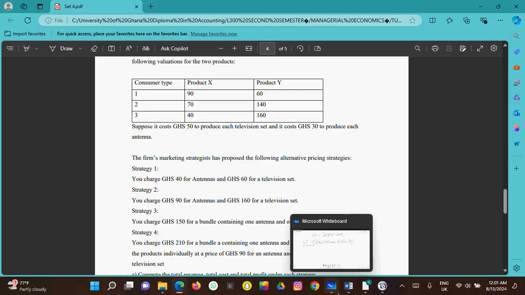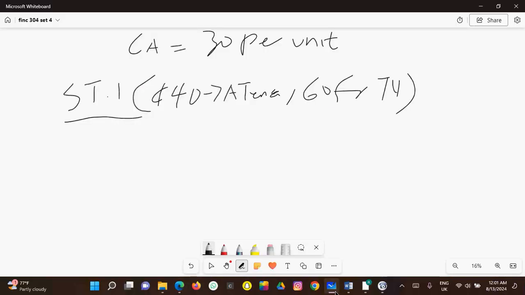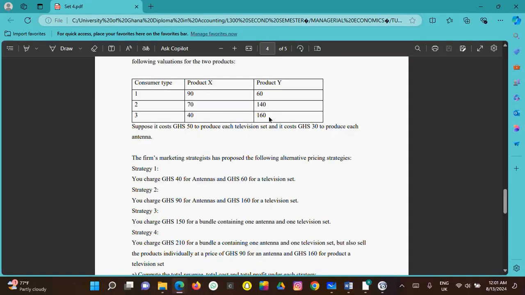So this is going to be 40 times 6,000, since there are 3 groups and each group has 2,000 people, plus let's check the television. Television is selling for 60. Type 1 can buy because type 1 is willing to pay 60.